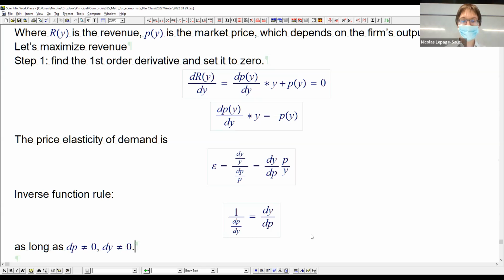All right, so both derivatives exist. If both derivatives exist, then one over the first derivative can be the other derivative, right?